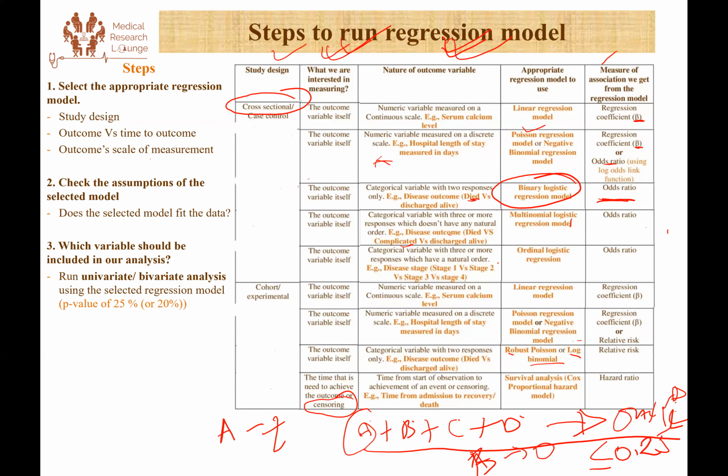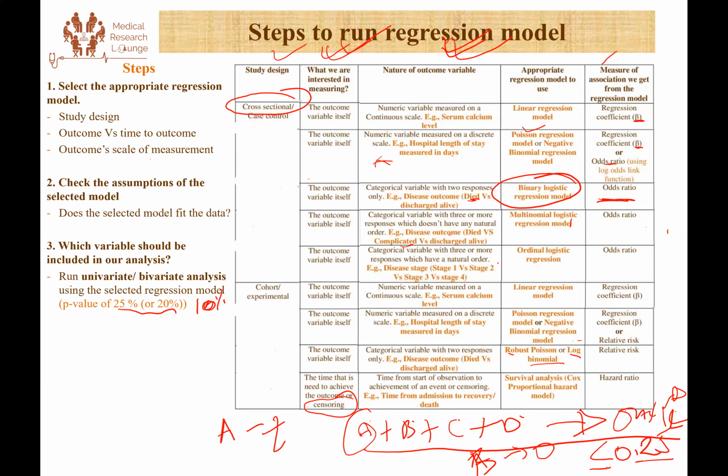So in a one-to-one analysis, a level of significance of 0.25 or 0.2 is commonly used. But if we want to be very strict, especially in clinical trials, we can lower this criterion to 10%. For an observational study, 0.25 is enough.